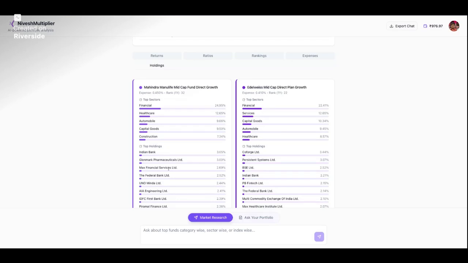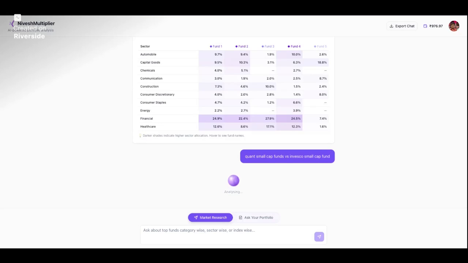Now, another kind of question that we might ask is, suppose I want to compare two different kinds of mutual funds. We always have doubts about which fund is good to go for. If we have shortlisted 2 or 3 funds, then also we could use this product to get more insights, like what's the actual difference between these two mutual funds.